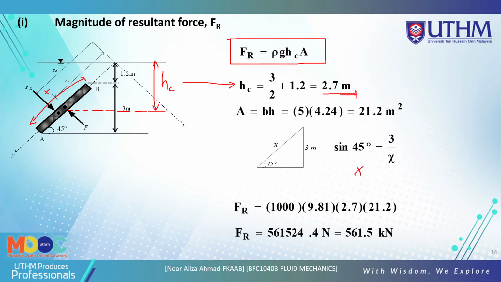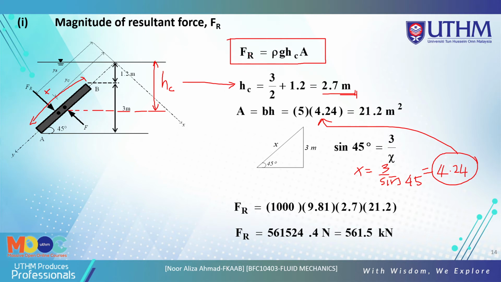So X is 3 divided by sin 45, and you get 4.24. So that's why you get the 4.24, and you just use it as the H here. So we know that the area is 21.2 meters squared.